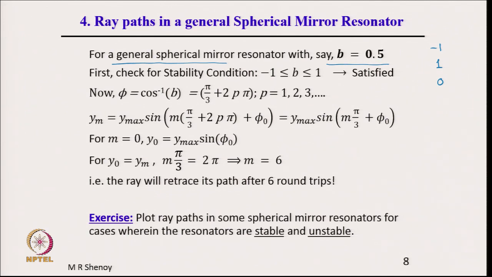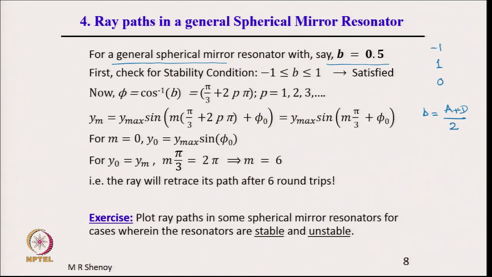So, how to proceed? So, given a resonator, first find out the RTM, ray transfer matrix elements A, B, C, D. Once you know A, B, C, D, you know what is B, because B is equal to A plus D by 2, where A and D are the matrix elements.